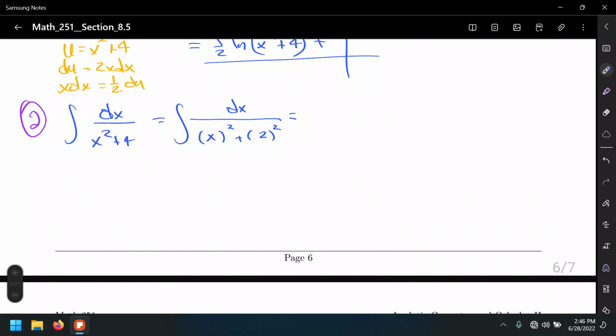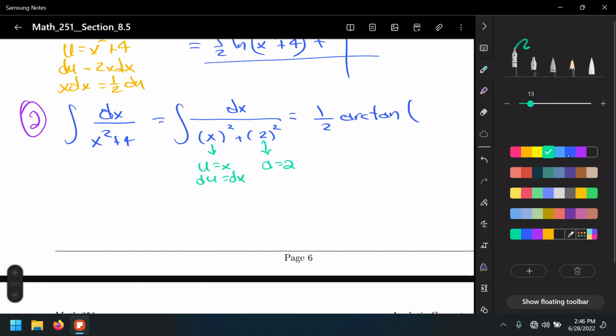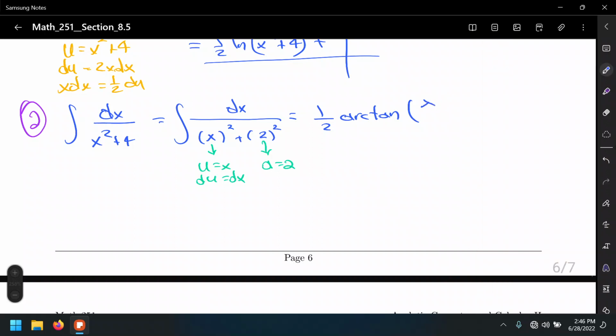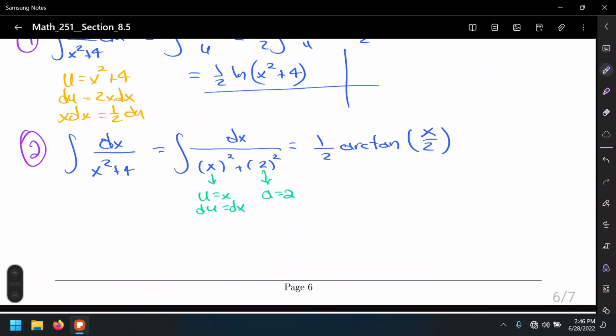And then recall the integral for arctan, that's 1 over a, 1 over 2 arctan of u. So technically, okay, let me write it down. So this means u equals x, du equals dx. Yes, great. We don't need to compensate any values. That's a equals 2, which is this value right there. And from here, well, u, which is x over 2. And well, I shouldn't write the plus c. We're fine without the plus c. We're going to write those plus c's at the end.